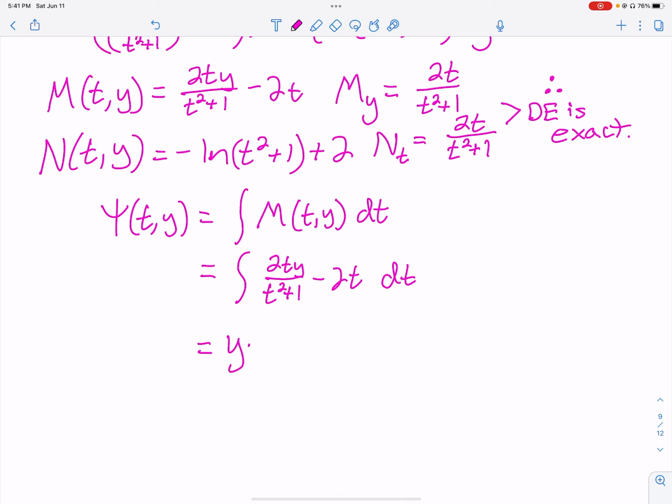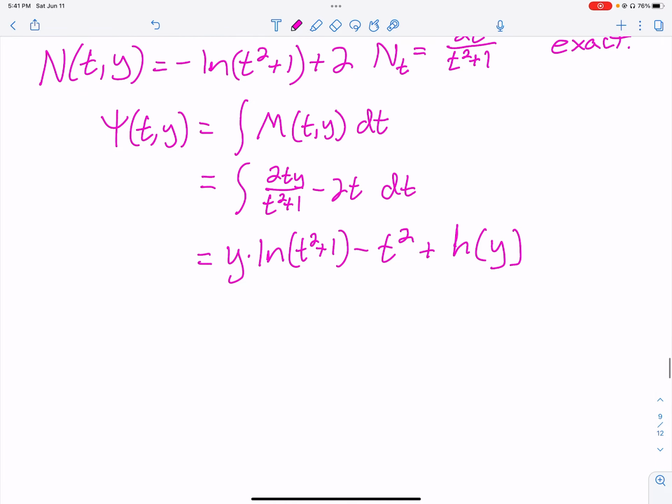Y is a constant. And then the u sub that's going to happen is if you let u equal t squared plus 1, then you actually just get the numerator. So it's 1 over u, which is going to be an ln of u, but our u is t squared plus 1. Pause and take the time to do it if you need to. Then we got minus t squared, plus some function of y. Not c, because it was a partial that we're undoing.